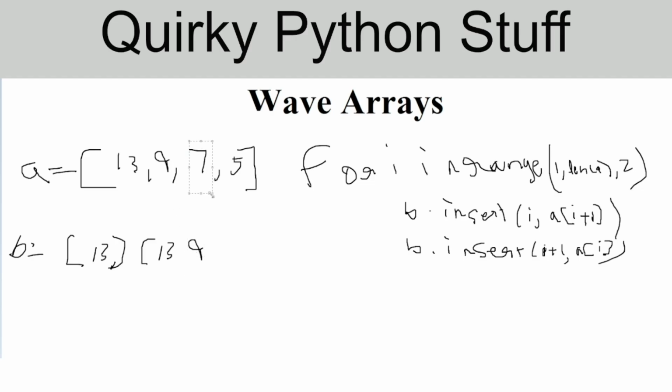And 7 is going to be right in the middle. 7 is going to be here. 9 is going to be here. This is perfect, you might say. But what about this one? What about when we come here? Is there any value which we can swap with 5? Because it's the last item, right?